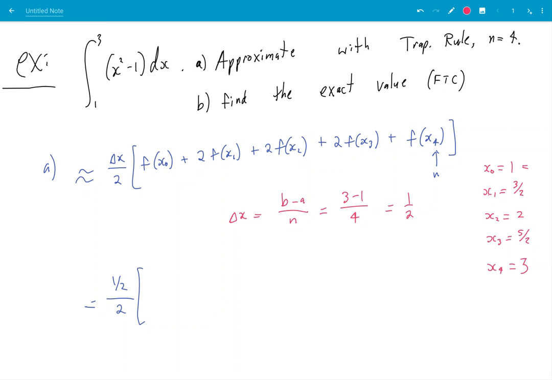And x1, I could think of it as a plus delta x if you want.